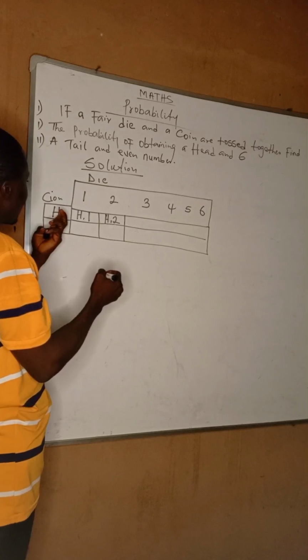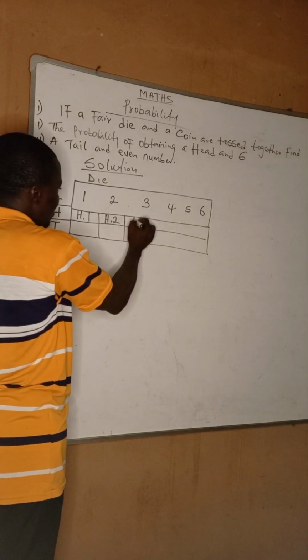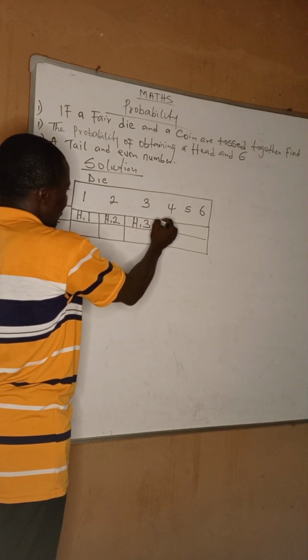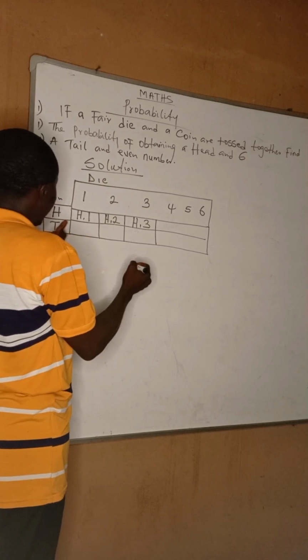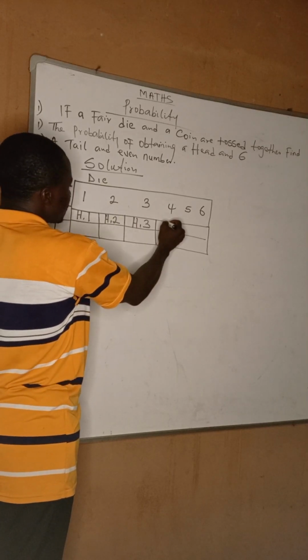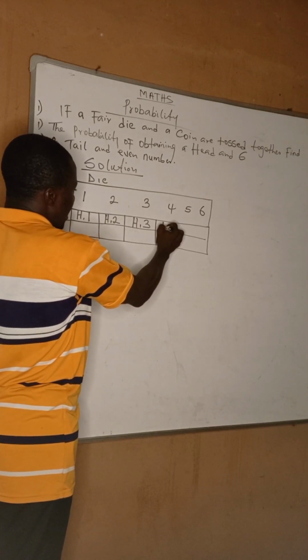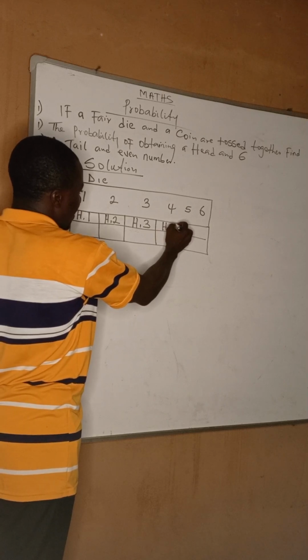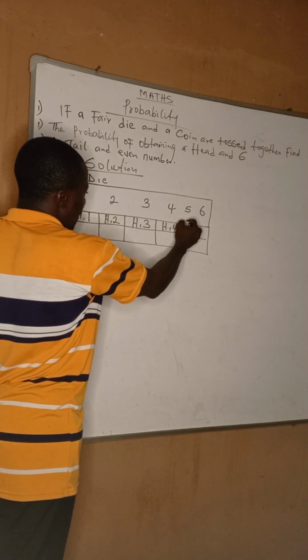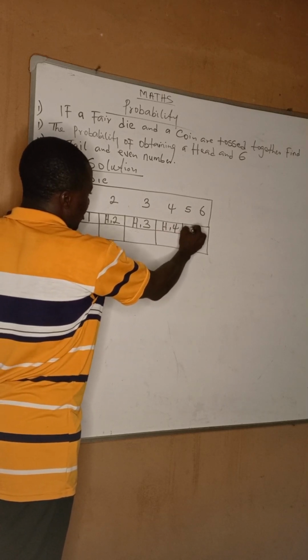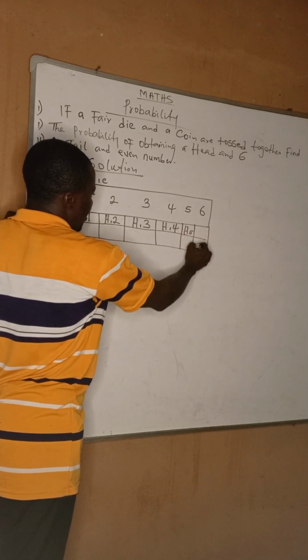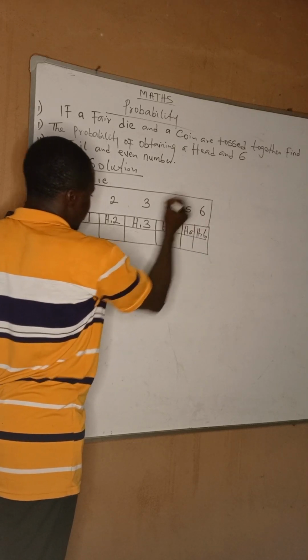For the third one, head and 3, to be head, comma, 3. For the fourth one, it will be head, comma, 4. Then head, comma, 5, head, comma, 6.